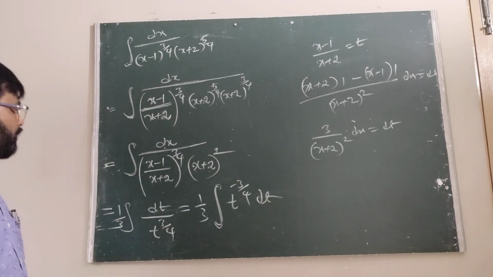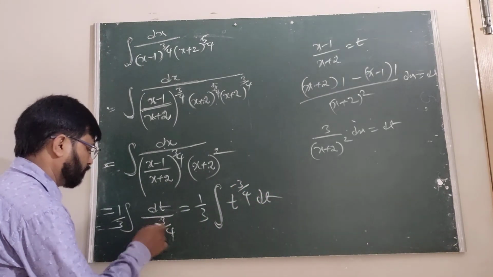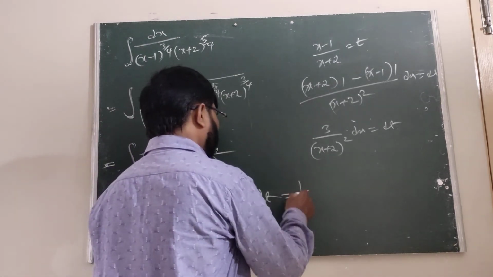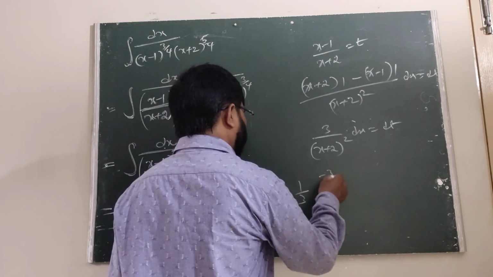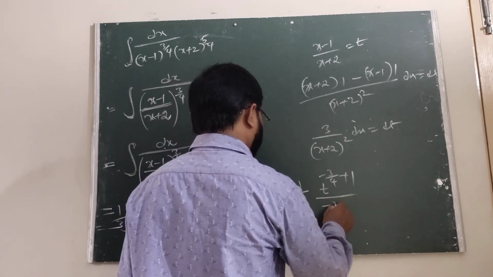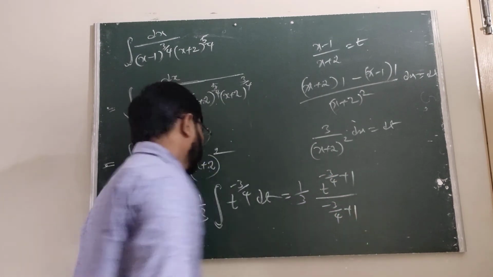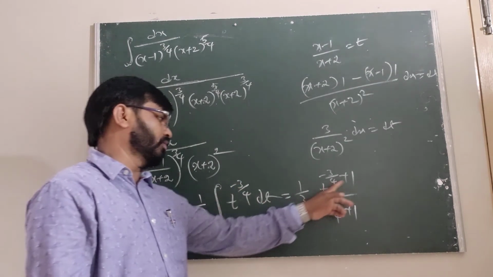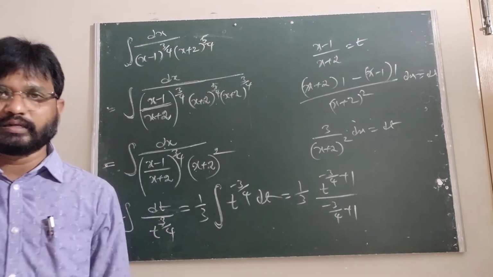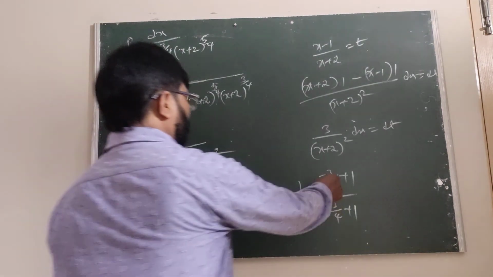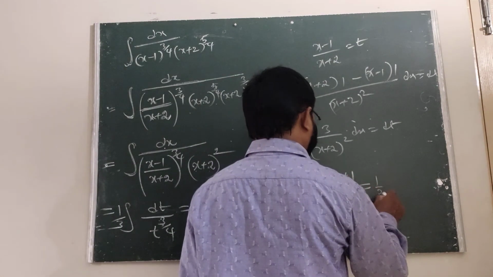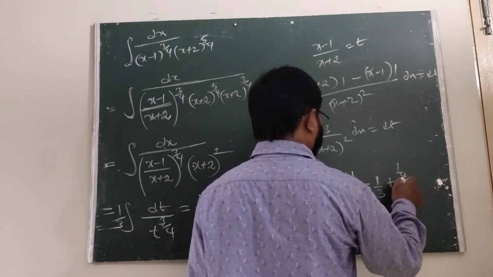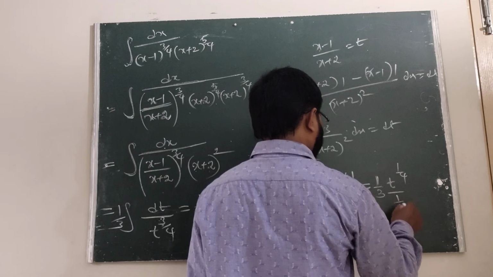Is it clear how to write this one? The power 3 by 4 sent to the other side becomes minus 3 by 4. Now this is t power minus 3 by 4 plus 1. We know that the integral of x power n is x power n plus 1 upon n plus 1. Minus 3 by 4 plus 1 is 1 by 4. So this is 1 by 3 t power 1 by 4 upon 1 by 4.